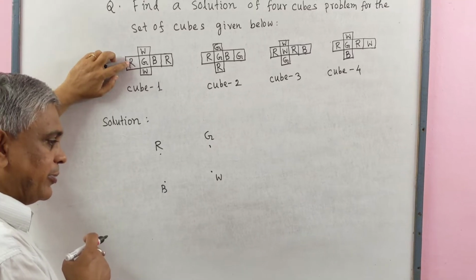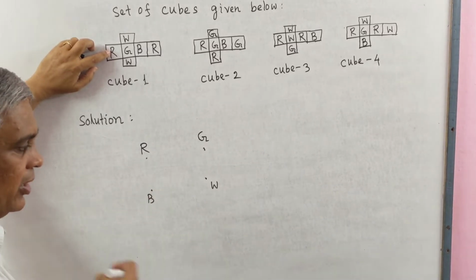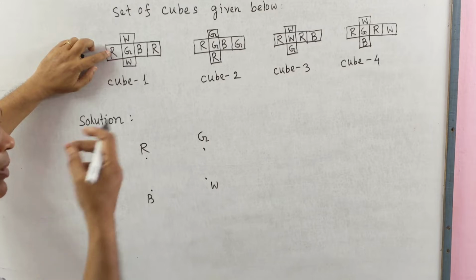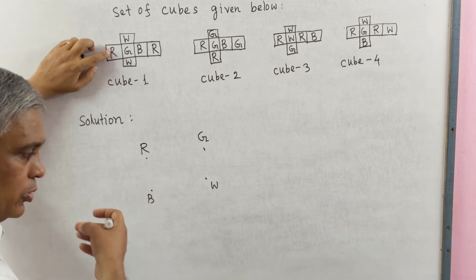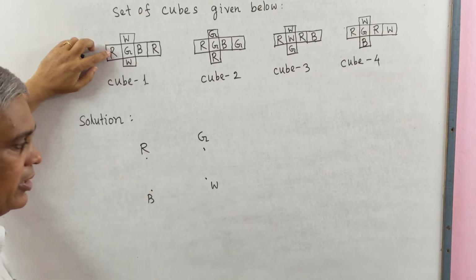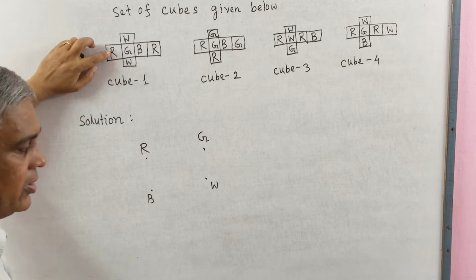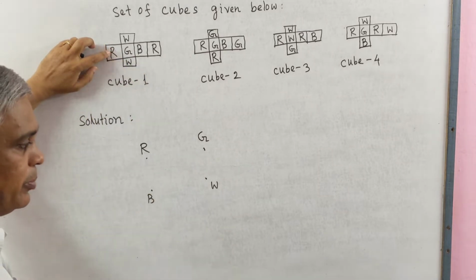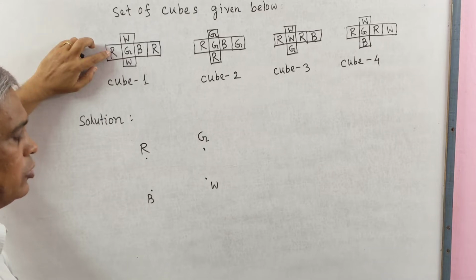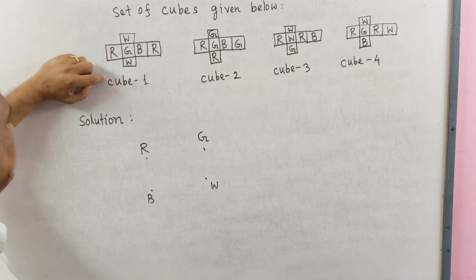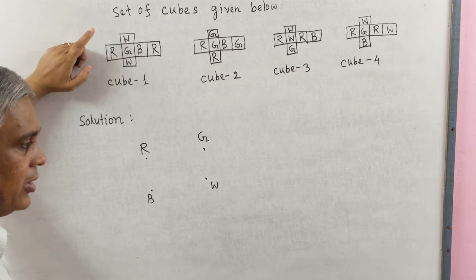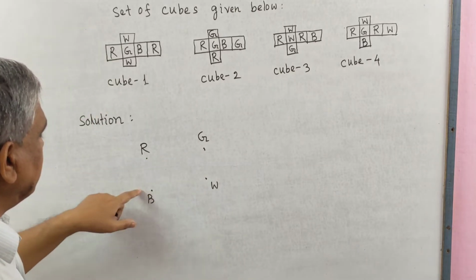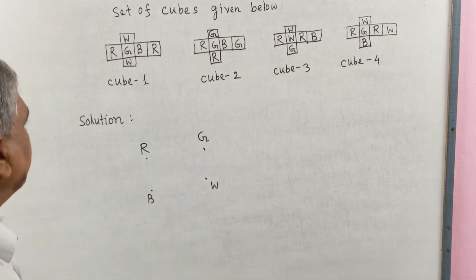We join left face and right face, one edge, front face and back face, we join and we get one another edge, and we join top face and bottom face by an edge. So for each cube we get three edges and four vertices, means four colors here.